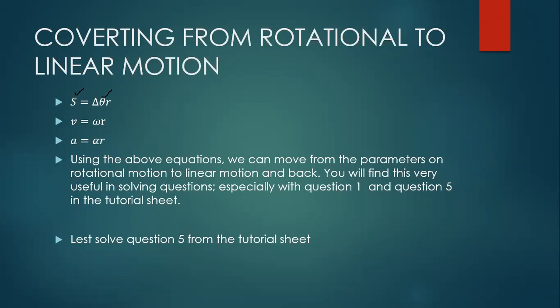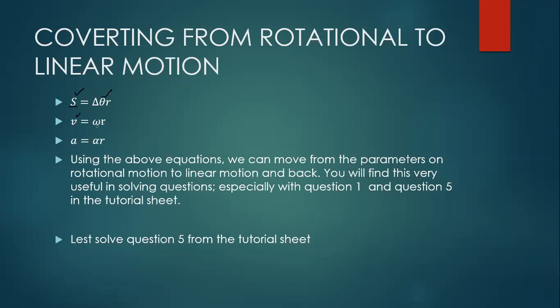All right, if you want to find distance given parameters in rotational motion, you take the change in the angular displacement and multiply it by the radius, and you will get your displacement in linear motion. Likewise for velocity, you multiply the angular velocity by the radius.